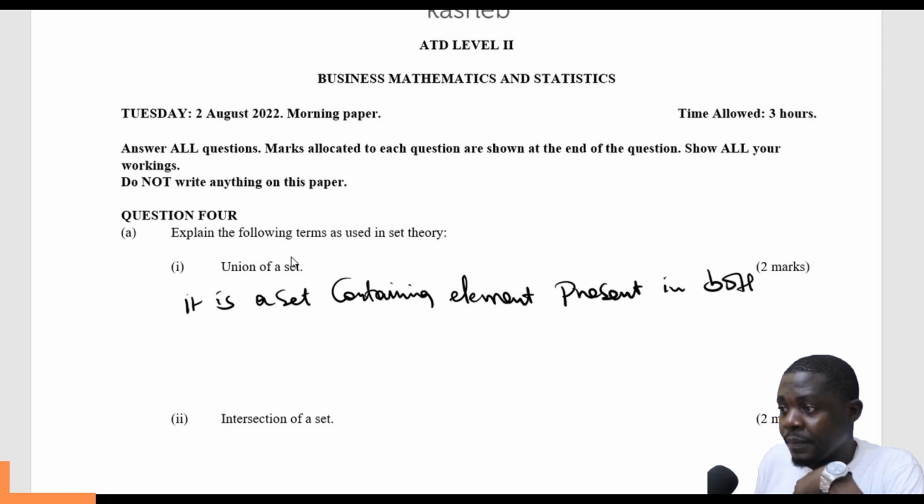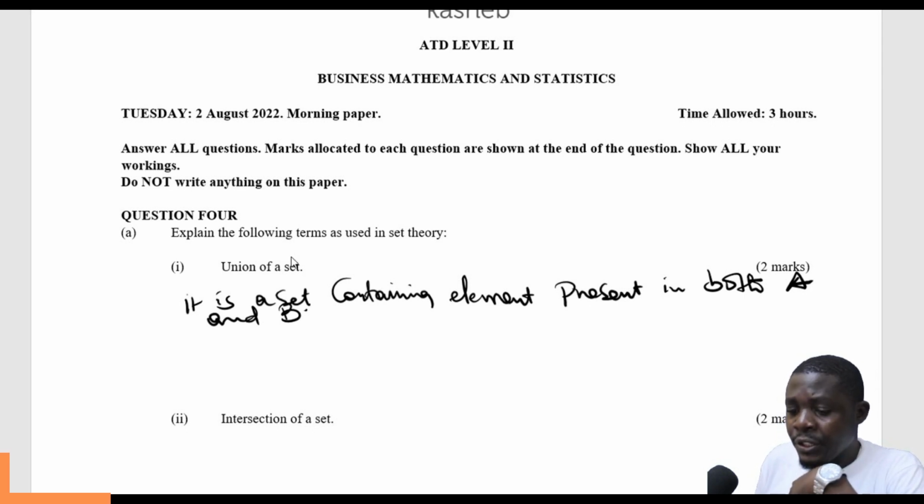under the set theory? You can say that a union of sets is a set containing elements present in both A and B, respectively.